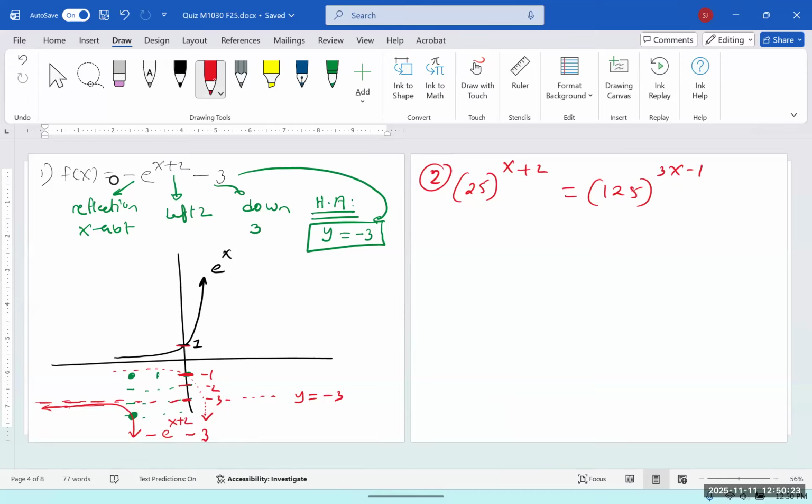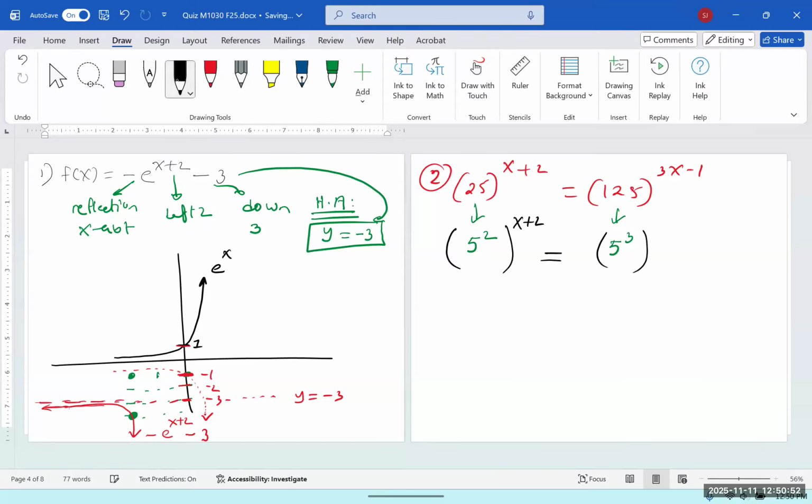No. So this is the scenario where we have two different bases, but we cannot write one base using the other base. So we have to change both bases. Can you write both bases in terms of a smaller base with some different powers? Perfect. And you keep your power the same.